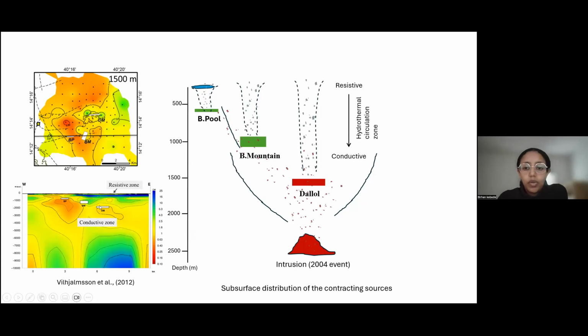So from this, we can conclude that the Dallol subsidence is caused by cooling of the magma, that is the top part of the previously defined intrusion.